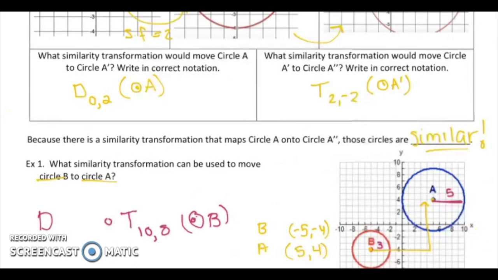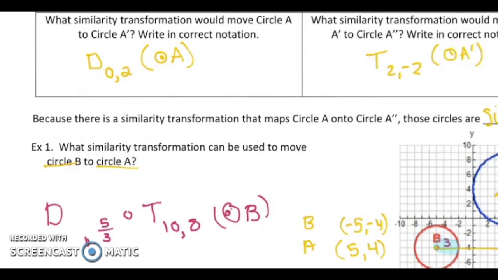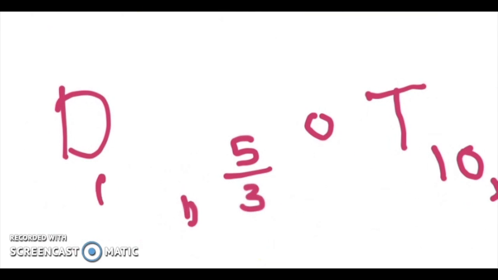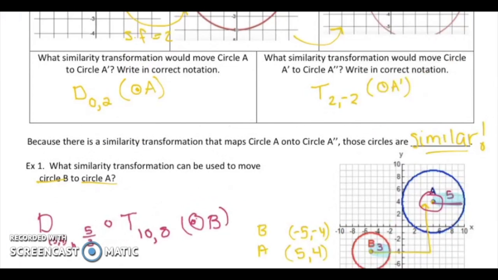And so we know we go from a radius of 3 to a radius of 5. So my scale factor here is 5/3. Now the question is, where is the center of this? The first thing we did was translate to our new center. And so the center of our dilation is going to be at point A, which is at 5, 4. So this would be a similarity transformation that would map circle B to circle A.